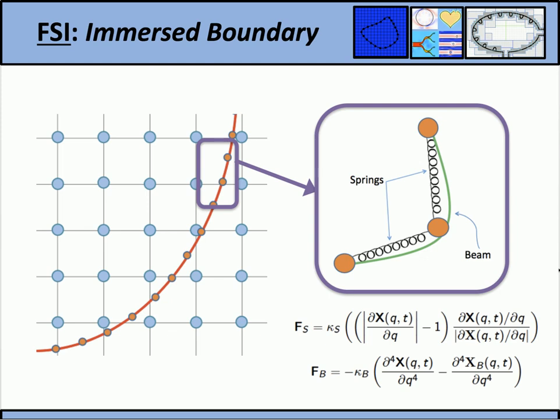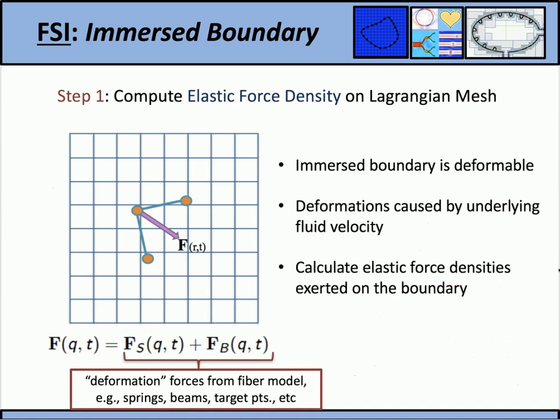Now we'll describe what a typical time step in the immersed boundary method looks like. You can imagine that if we have 3 points that really want to be in a line or a linear formation, what can happen is if one of these points is stretched away from that ideal formation, there's going to be some deformation force that's pushing that middle point back to its preferred position.